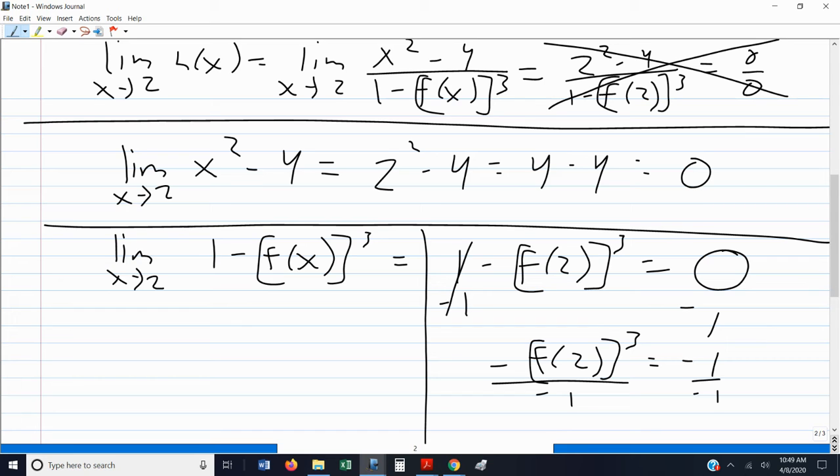So the AP test really wants you to write them separately. You can see that I worked with the numerator here to say that the numerator is 0, and I worked with the denominator here to say the denominator is 0, and that's what allows me to talk about this instead of saying the quotient is equal to 0 over 0. Just look at them separately.